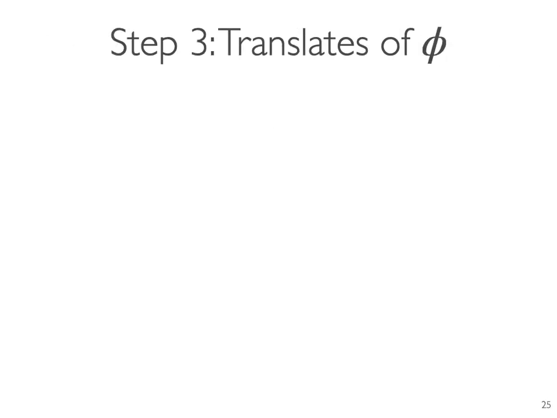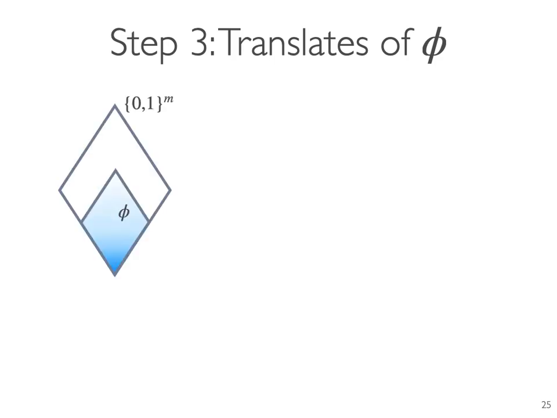All right, let's scale phi down relative to the containing hypercube so we can move it around freely. If we pick a point z in this hypercube and shift phi to that point, we get a new dual object, call it phi sub z. This new object is, again, orthogonal to polynomials of degree at most root m, but its L1 norm is now concentrated at the point z as opposed to the origin.